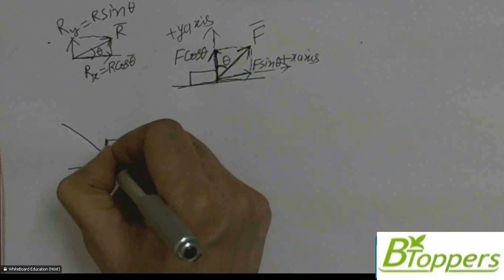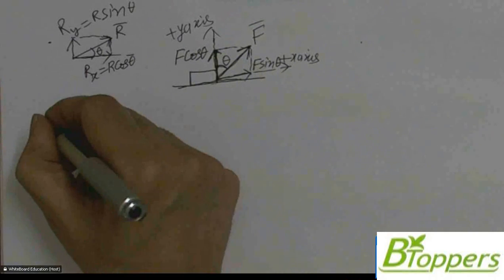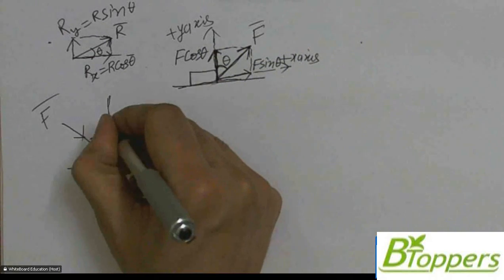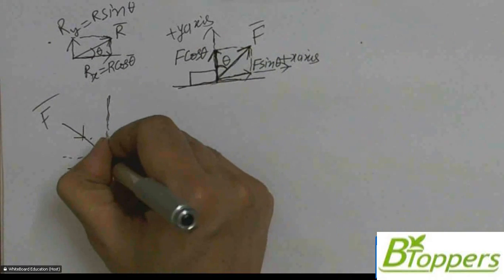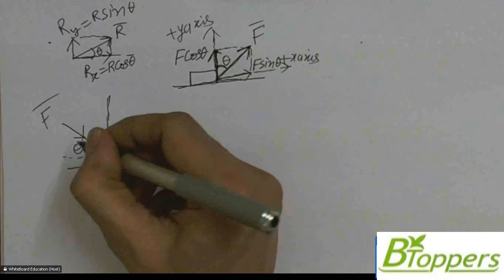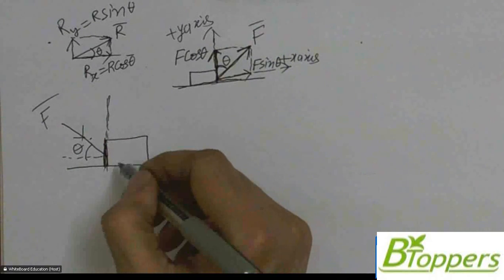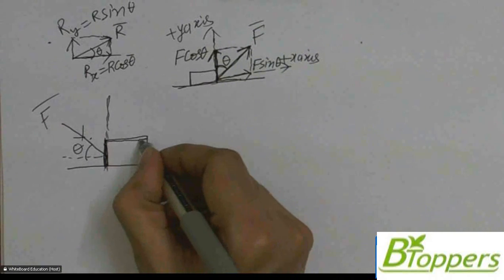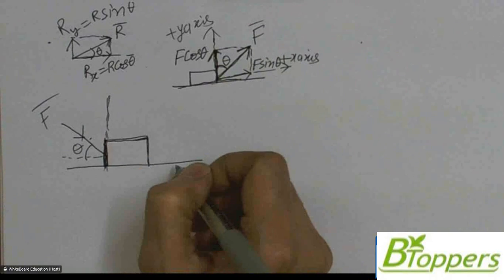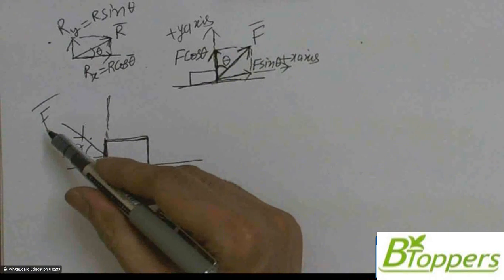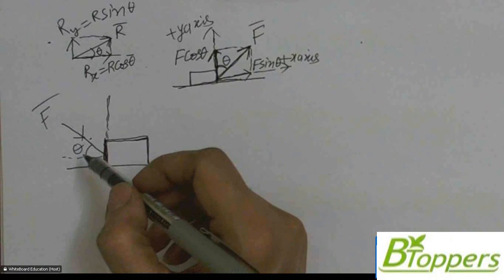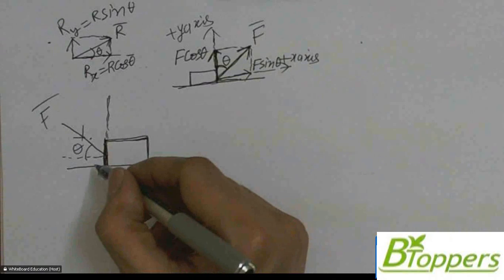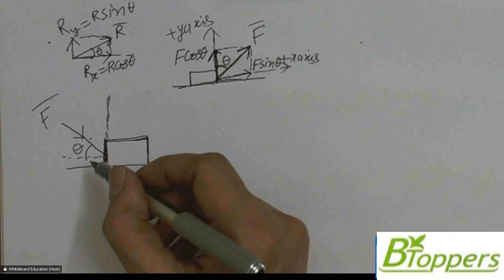For example, if a pushing force F bar acts on the block in this direction, here also the figure lies in the vertical plane. This block of mass is resting on the horizontal floor. The pushing force F bar is applied on the block at an angle theta with the horizontal as shown in the figure.